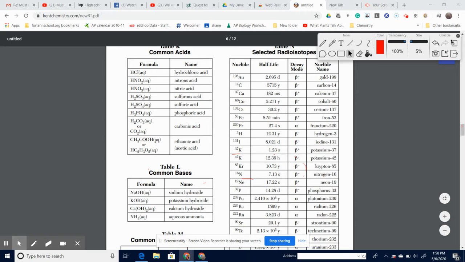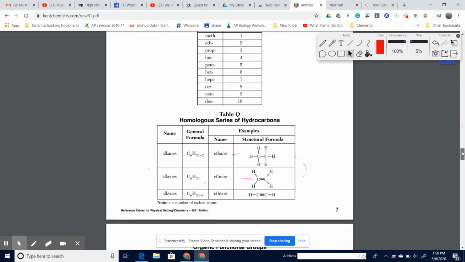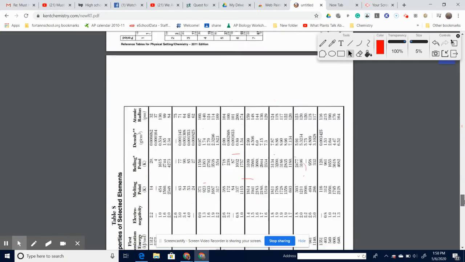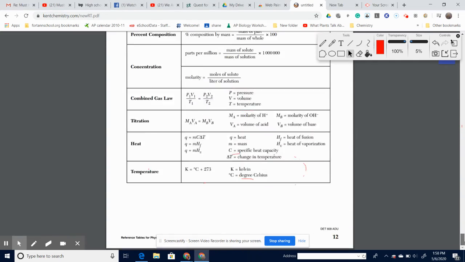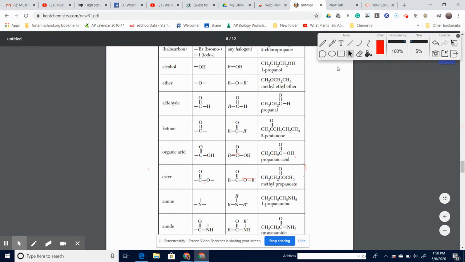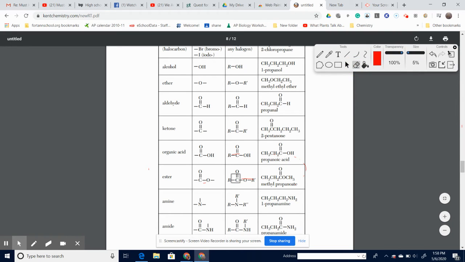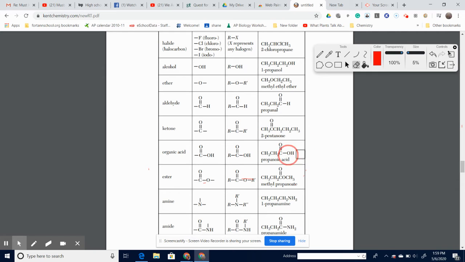CH3COOH is an organic acid. So it's in the organic acid family. So if we scroll down here to organics and how they get named, here's your organics. I'm erasing these lines.